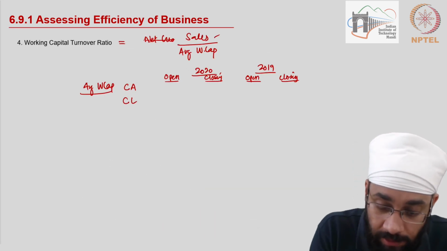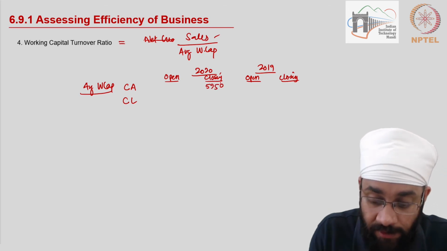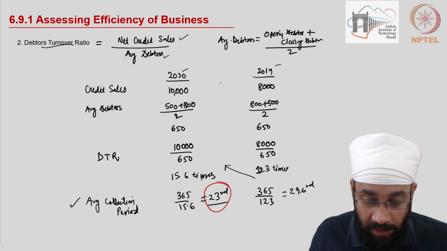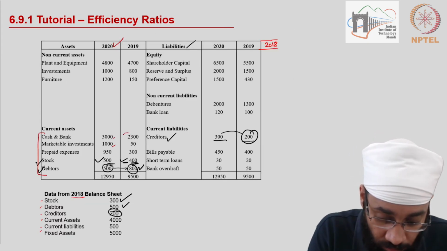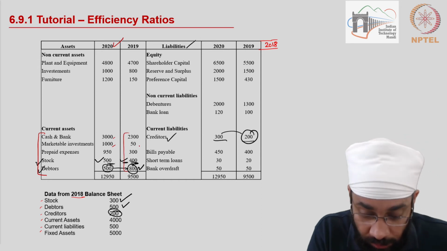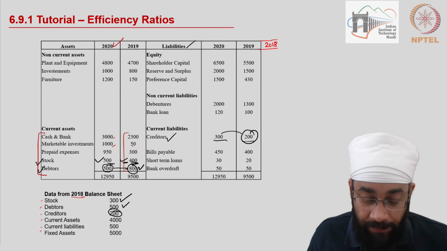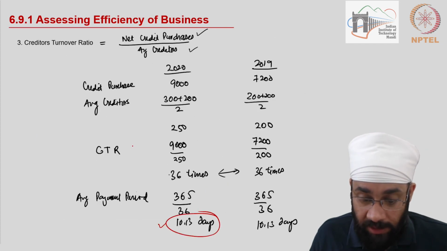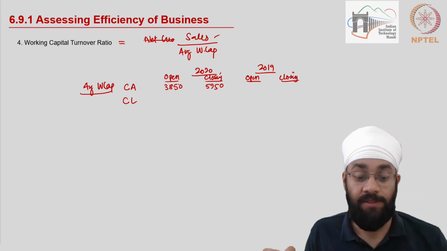5950 is the closing current assets. What is the opening current assets? Opening current assets are going to be the total on this side, which is 1200, 1500, this is 3850. So 3850 is the opening balance of the current assets.